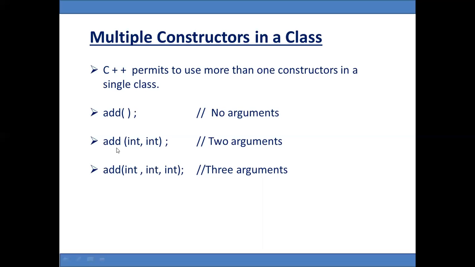Another example has two arguments: the member function name add with int, two data are passed. The third one has three arguments: add member function name, int comma int comma int. That means more than one is called multiple constructor.